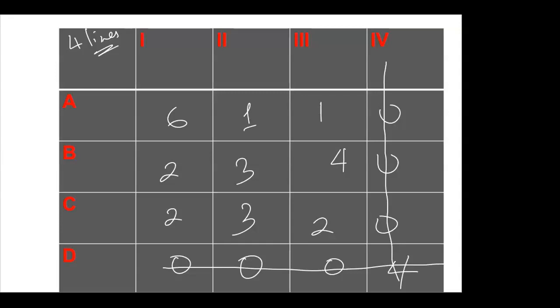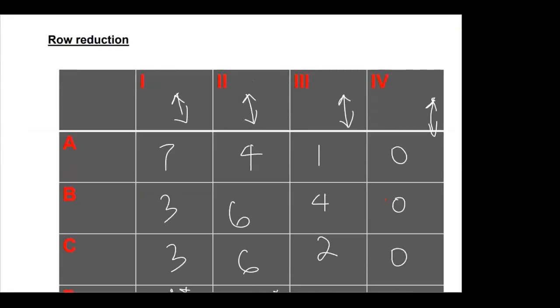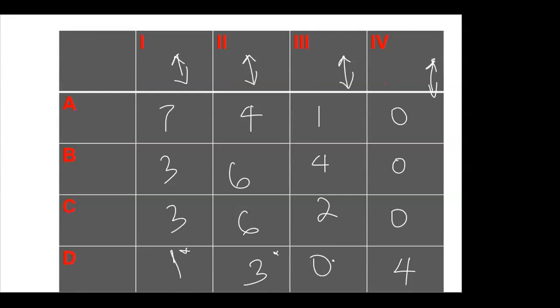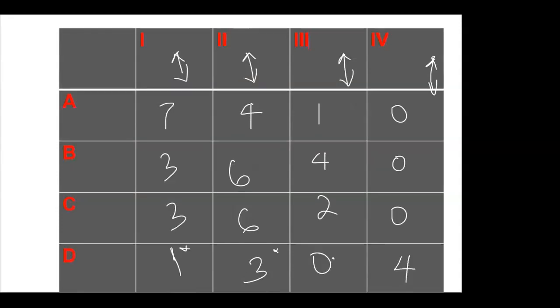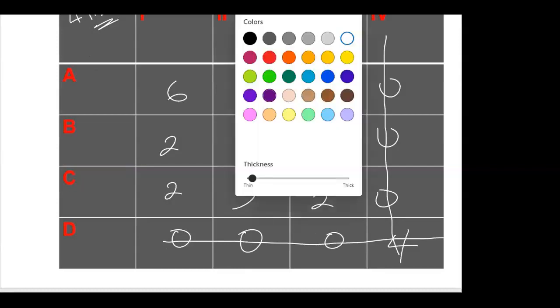Now, if you pick this one, any element at the point of intersection, we add to it. 4 plus 1. So we agree that we are using 1 to perform our operations.